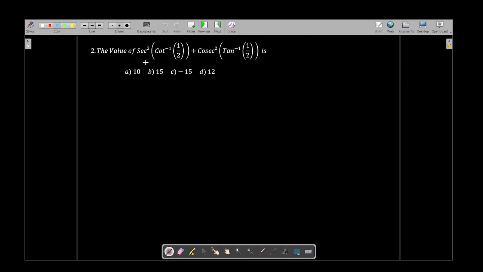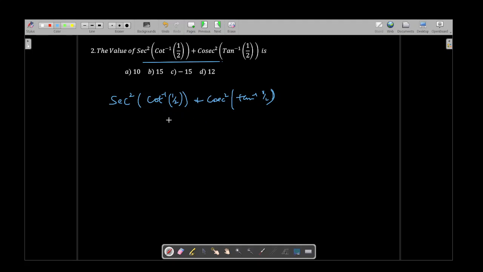Now let us solve this. We have secant square of cot inverse of half plus cosecant square of tan inverse of half. There are two ways to solve this.